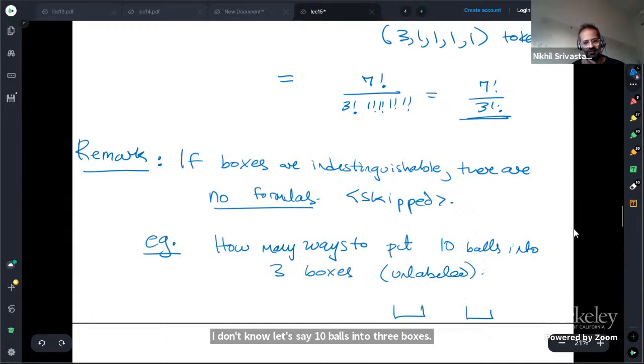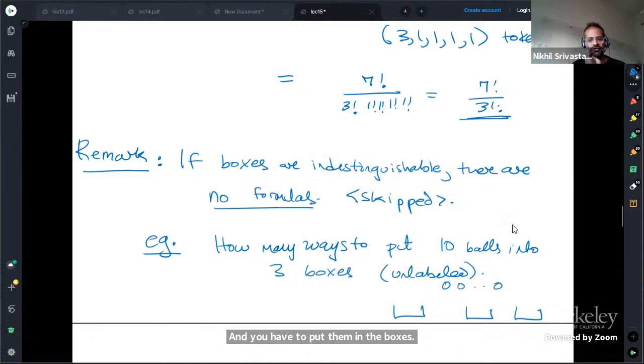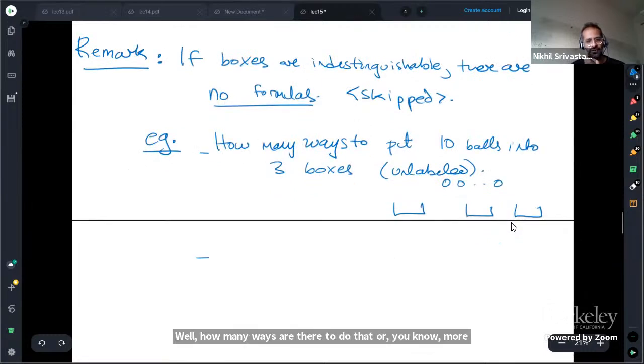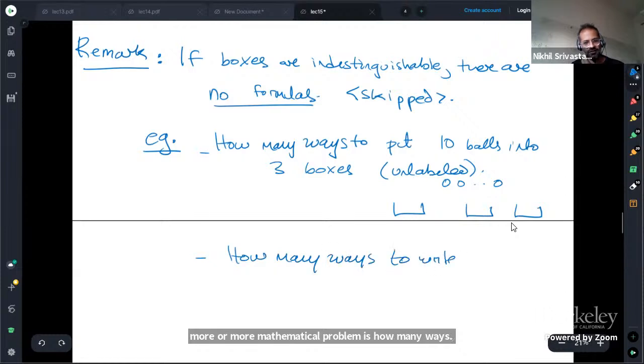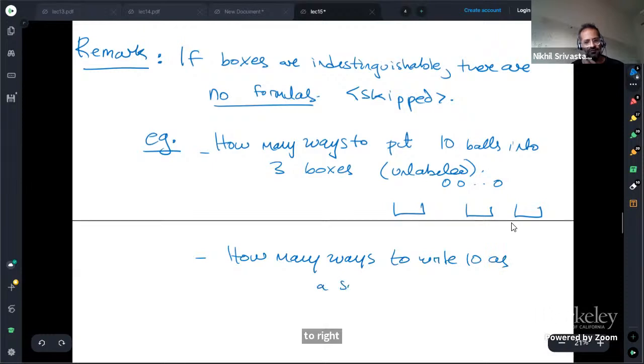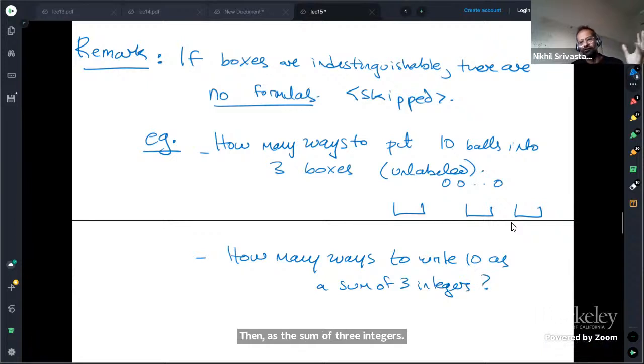So you have these 3 boxes, but they're not labeled with letters or anything. And you have these 10 balls up here, and you have to put them in the boxes. Well, how many ways are there to do that? Or, a more mathematical problem is how many ways to write 10 as the sum of 3 integers. And now, the 3 integers don't have names, so the order doesn't matter.